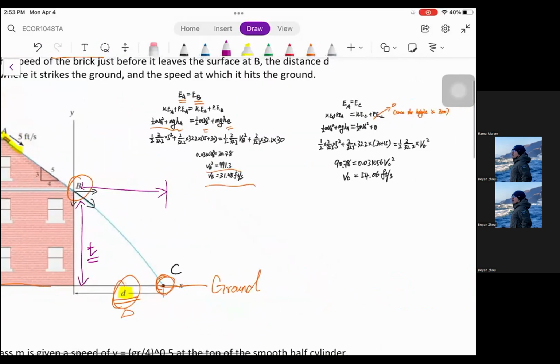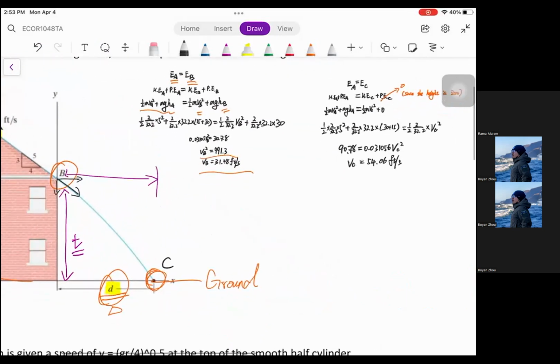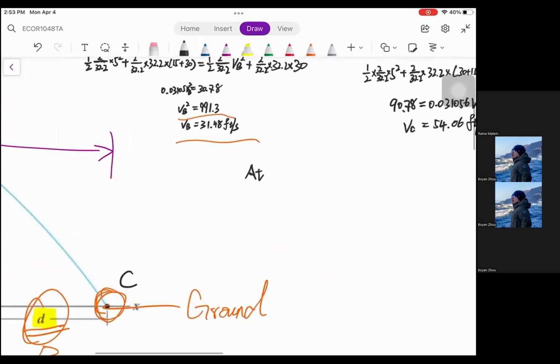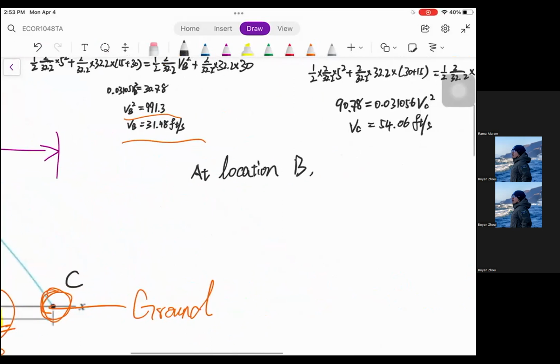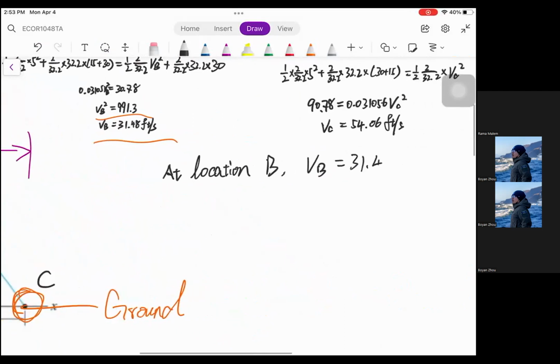So let's do that. At location B, we know that VB is equal to 31.48 feet per second.